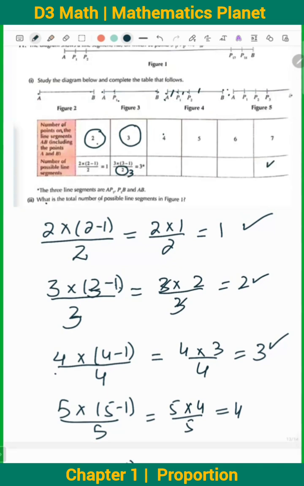What is the total number of possible line segments in figure 1? So where is the figure 1? Do we have any figure 1?